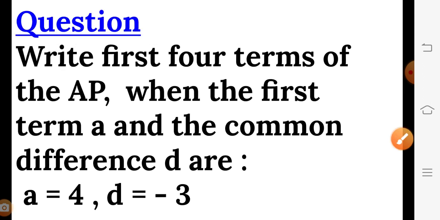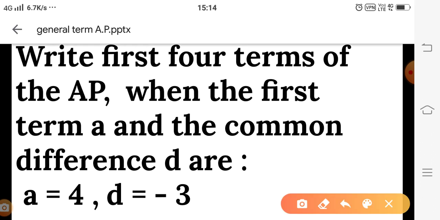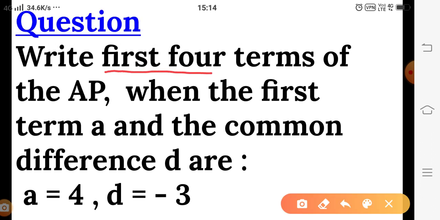Here is the first question: write the first four terms of the AP when the first term a and the common difference d are given. If we have the value of the first term and the common difference, we are able to find the AP.